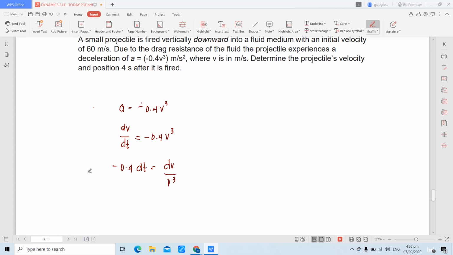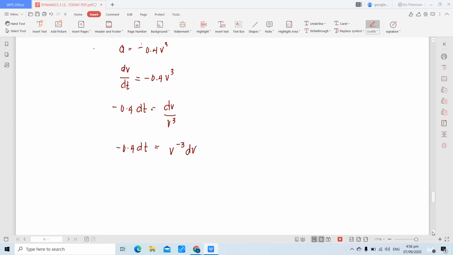Yung v cubed lang po yung ating cross multiply. And then yung dt. Okay, gets po yun, guys? Okay, simplify natin. Negative 0.4 dt is equivalent to v raised to negative 3 dv. So, na-separate na natin yung variables ni time and then velocity. Therefore, you are now ready to integrate both sides of the equation.